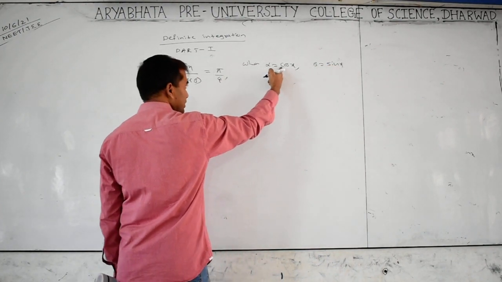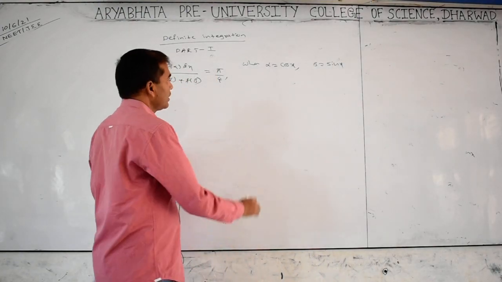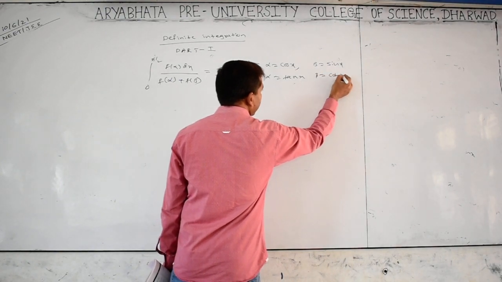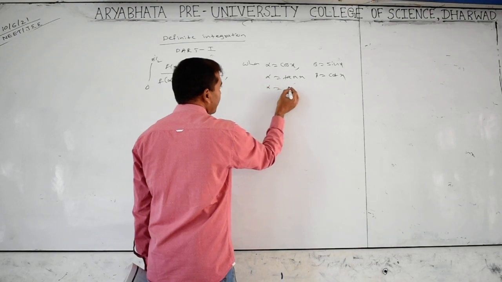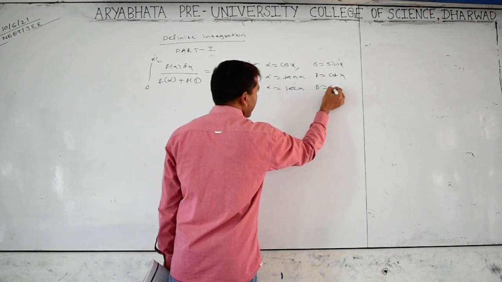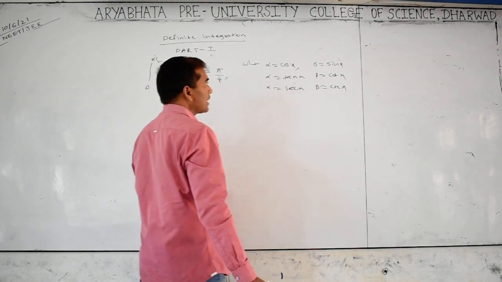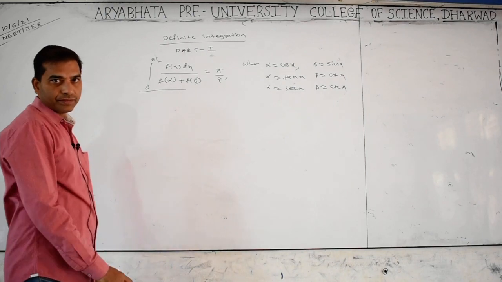If alpha is sine, vice versa, beta is cos. If alpha is tan x, then beta is cot x. If alpha is cot x, then beta is tan x. If alpha is sec x, then beta is cosec x. If alpha is cosec x, then beta is sec x. In all these cases the answer is pi by 4.